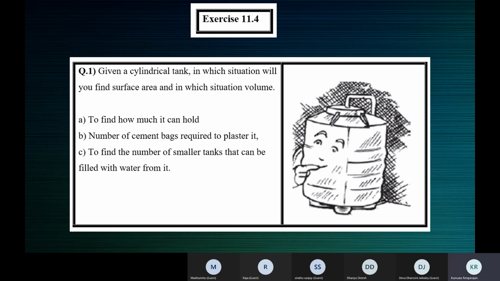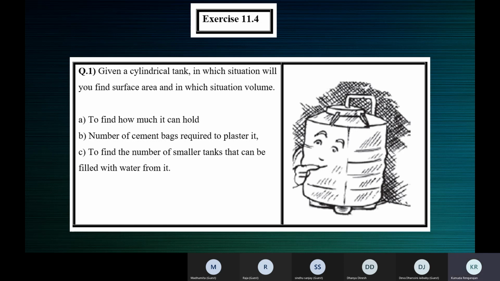If you have to paint, then it is surface area. But if you're going to pour some liquid into the cylinder, then it is volume. If it is about the inner space inside, how much it can hold, then it's volume. If you're going to paint the surfaces, then it's curved surface area or the total surface area.